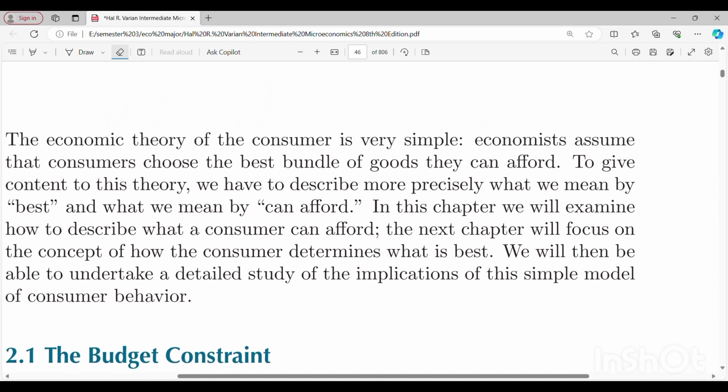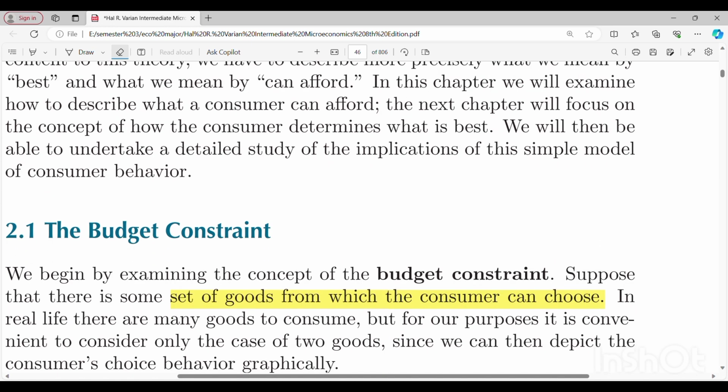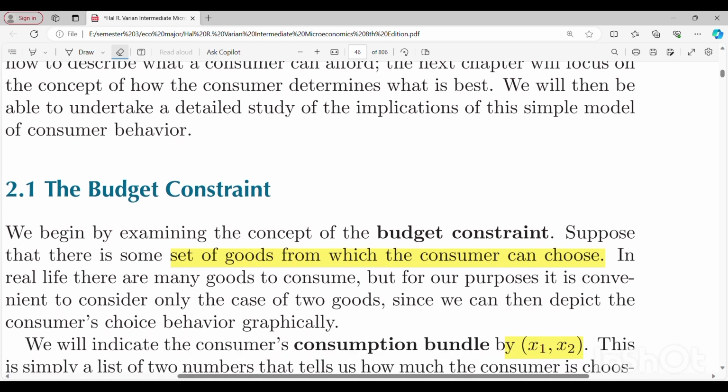Okay, so budget constraint. Before that, we can start with a simple example. Suppose we are given a set of goods from which we can choose. In our day-to-day life, we go through many goods. It is not convenient to include all of them in a budget set, because it is not convenient for calculation and analysis.